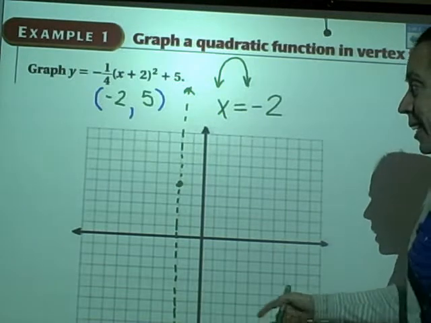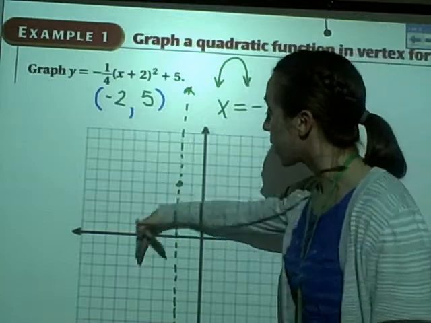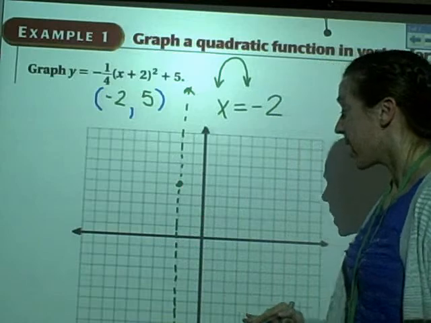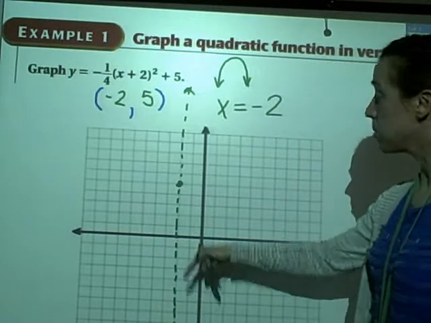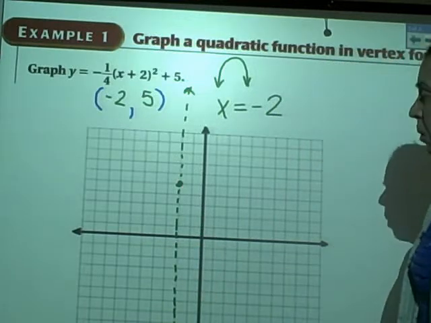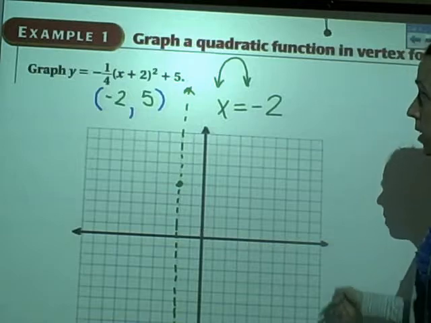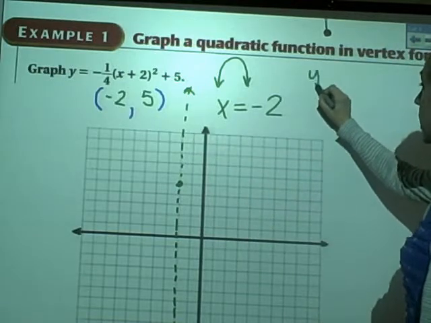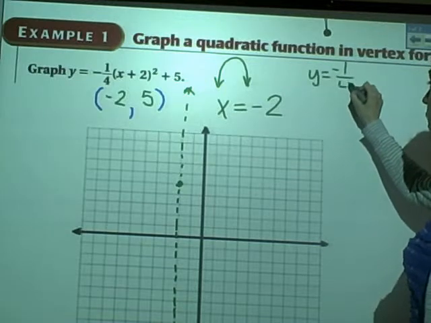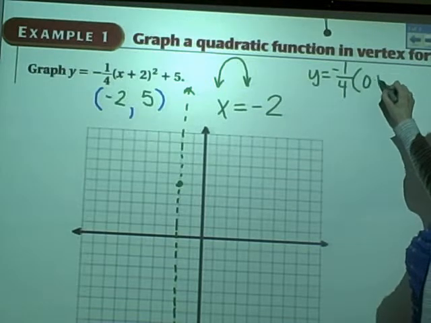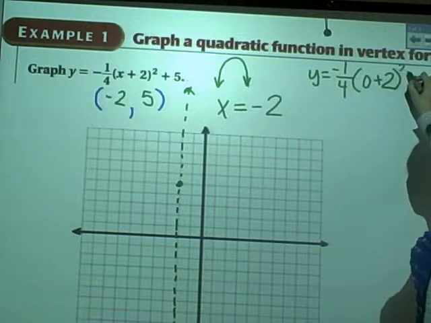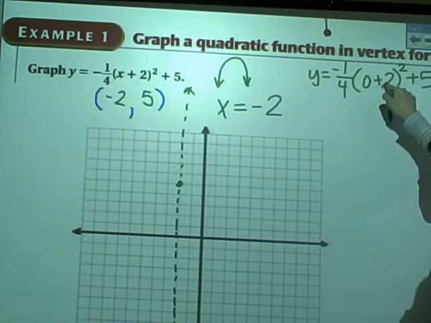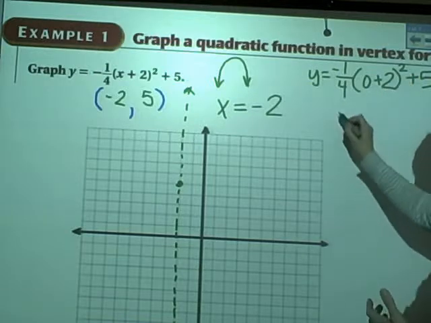So let's pick, I don't know, I'm kind of looking at the fact that my graph is going to open down, and it's going to be on both sides of this axis of symmetry, so I think I might hit 0. See where it does cross. So I'm going to put 0 in for x. So I'm going to go y equals negative 1/4 times (0 plus 2) squared plus 5. 0 plus 2 is 2. 2 squared is 4.